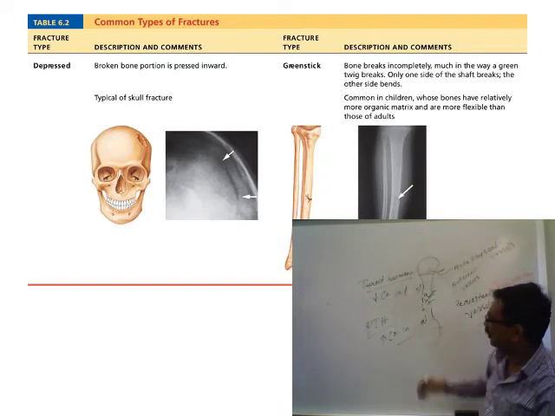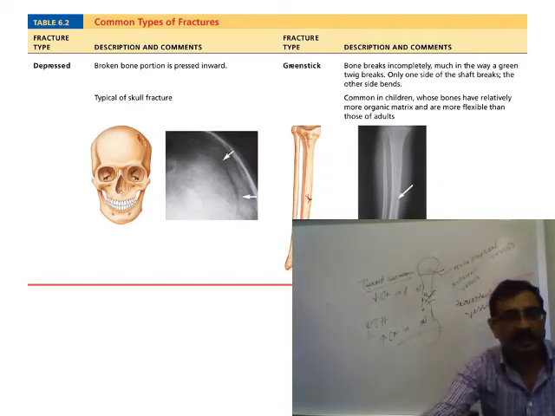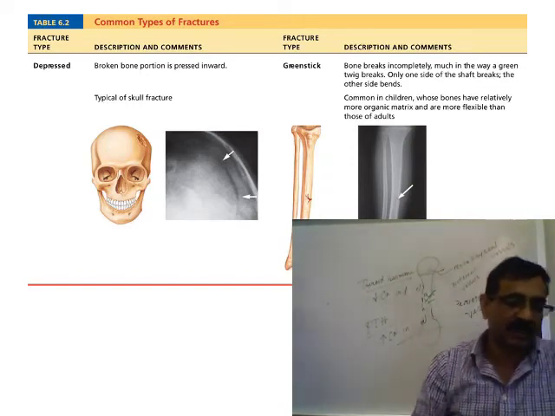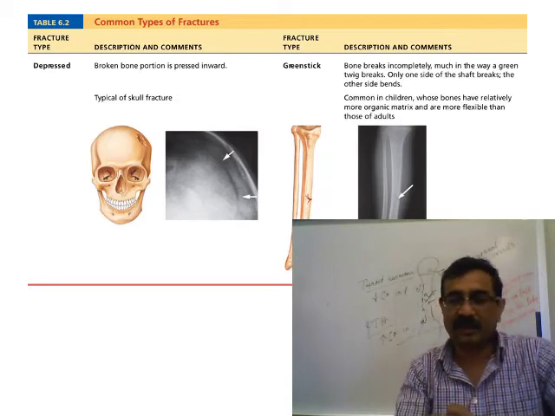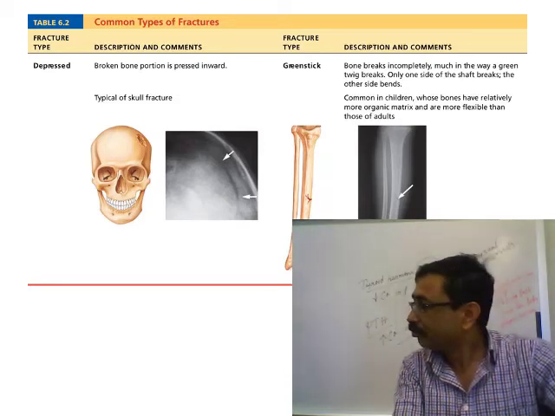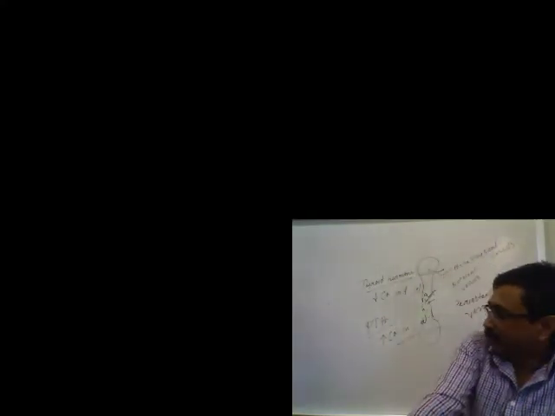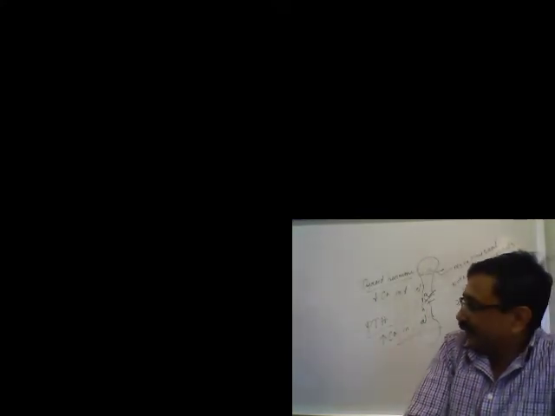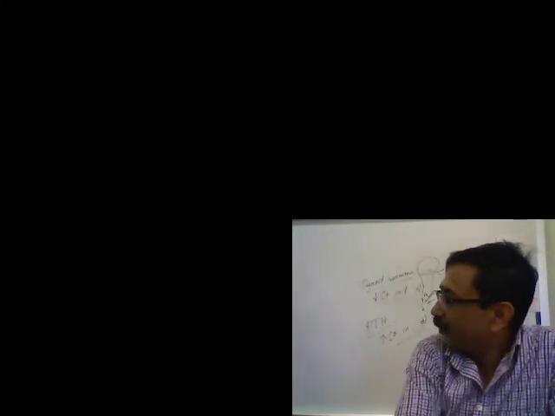So this is the greenstick type fracture, which often occurs in young children because their bone is more flexible and bends more.